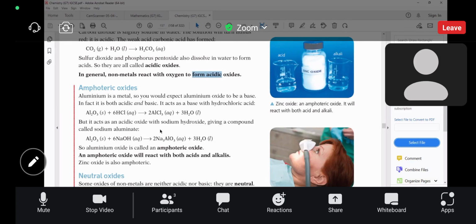So here we have 6 Cl, and oxygen 3. So we will put 3 oxygen and 6 hydrogen. Okay.